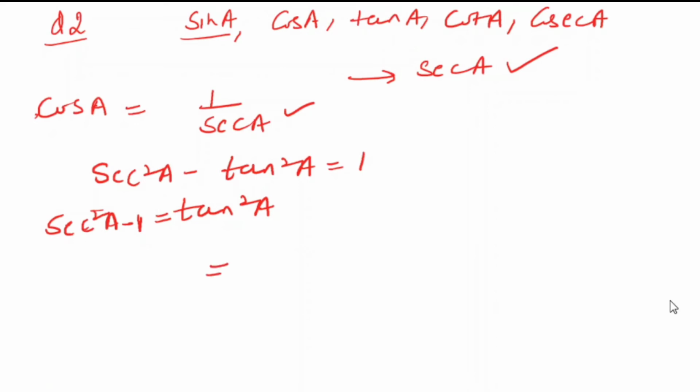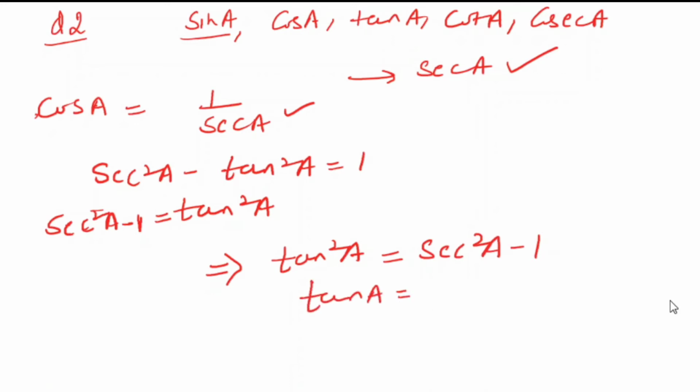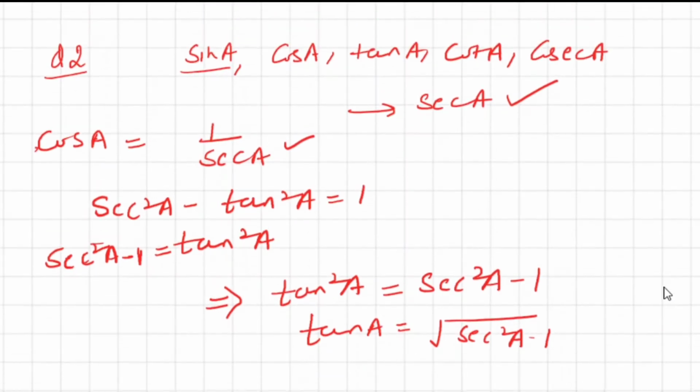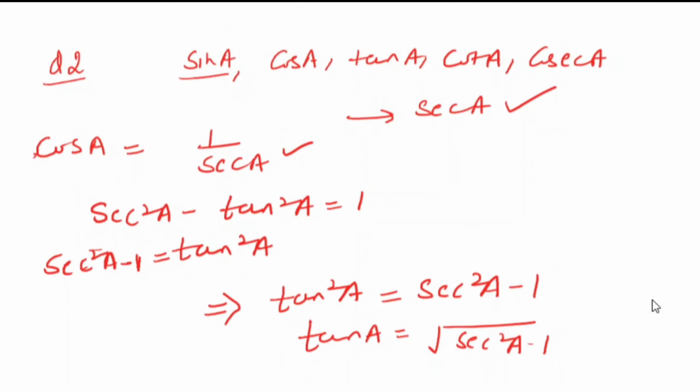So tan square A is equal to sec square A minus 1, or tan A is equal to under root sec square A minus 1. So we have written the value of tan A in terms of sec A. Now we have covered this, we have covered this. Now what is next is cot A and cosecant A.